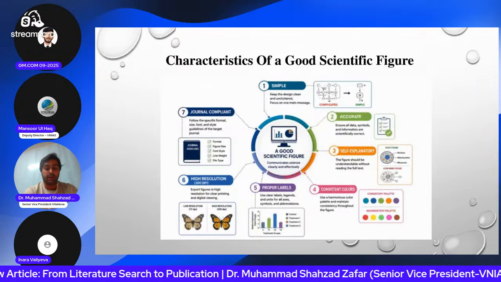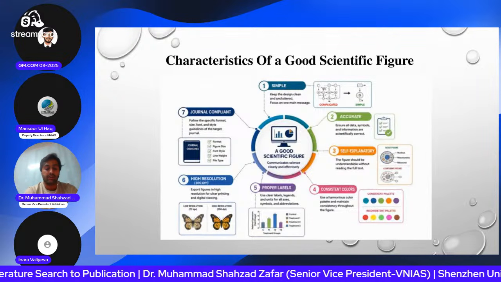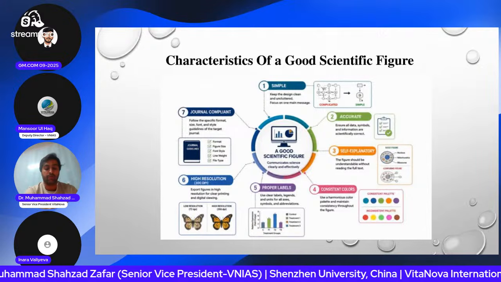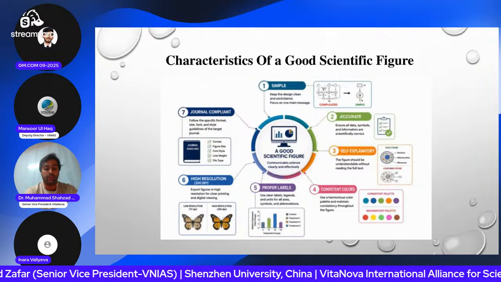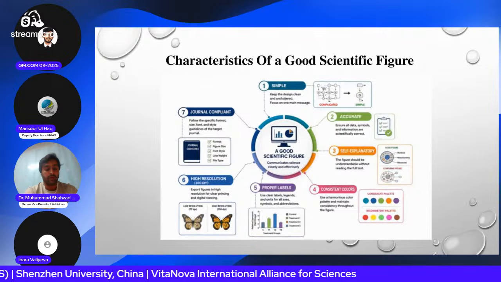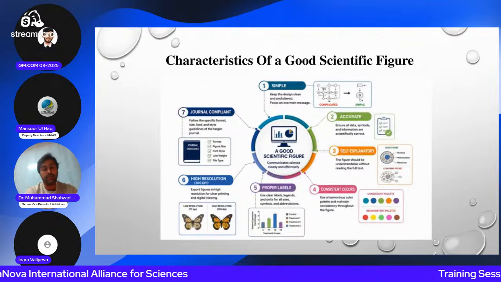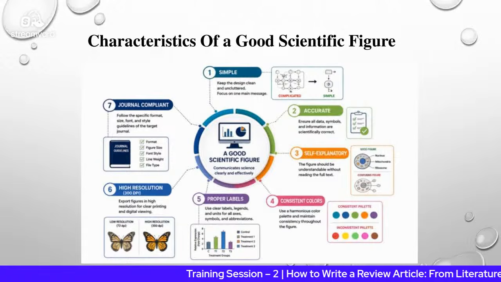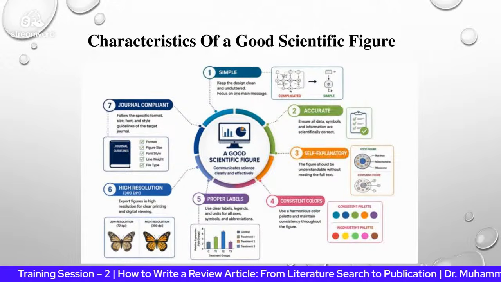Before submission, always check the target journal's requirements regarding figure dimensions, file format, resolution, fonts, and other specifications. If the background of your review article doesn't match with the journal, then it should not be submitted. A good scientific figure should be simple, accurate, readable, consistent, and understandable by itself.